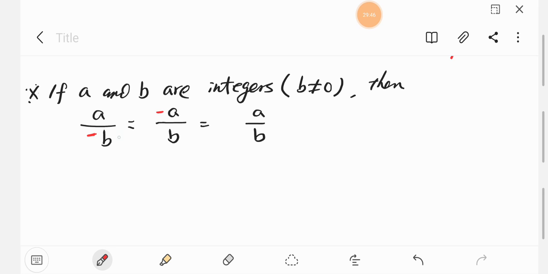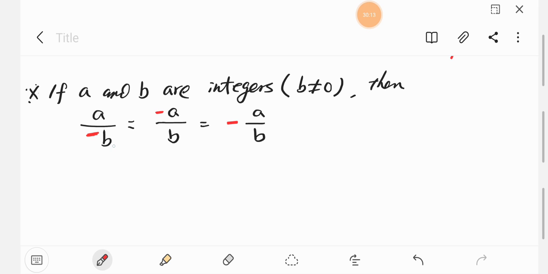Or you can move the negative sign outside, in front of the fraction. So you can make it negative a over b. These three expressions are all equivalent, the same. So if the negative is on the denominator, then move this negative to the numerator. Negative b is the divisor, right?